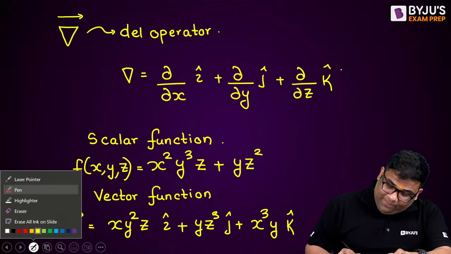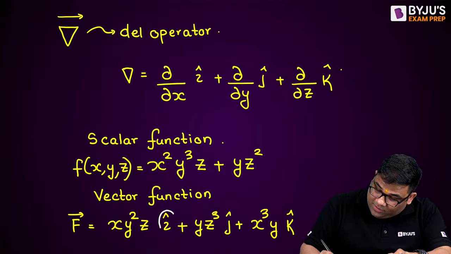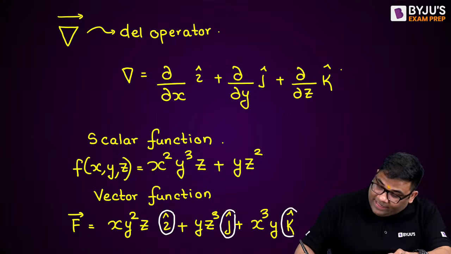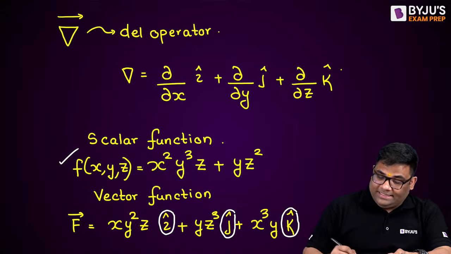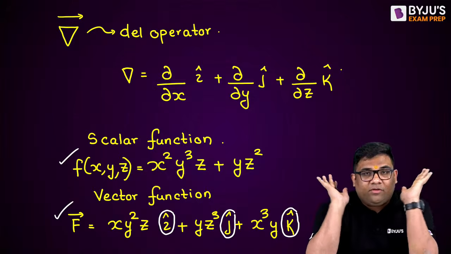So this capital F is a vector function, because it has got direction, whereas this one is a scalar function. Everybody understood what is a scalar function and what is a vector function.